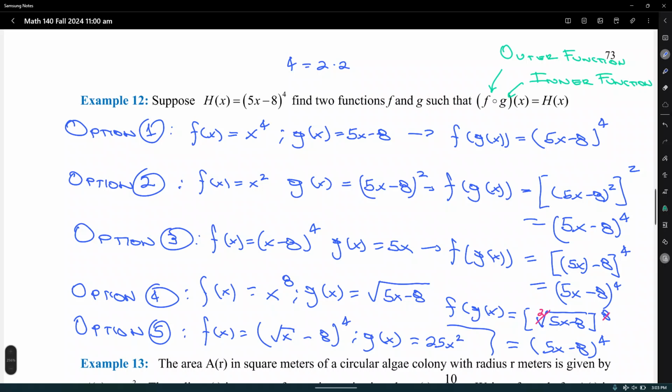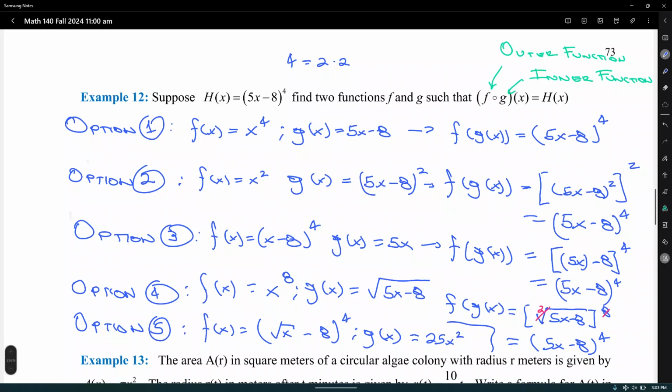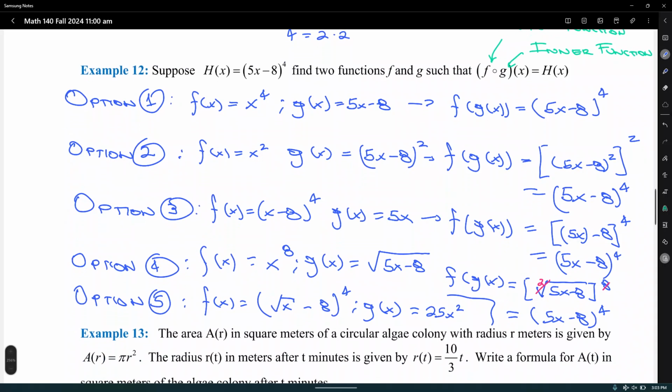But again, these are not unique. There's not a unique way to get these compositions. If you believe there are other compositions, think about them and make sure they get you to the actual original function.